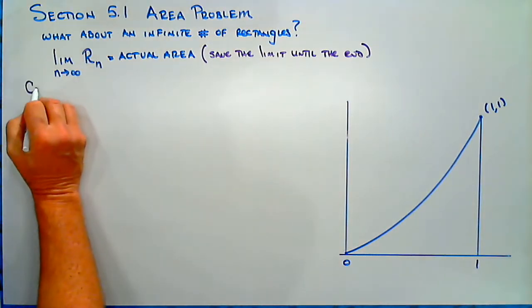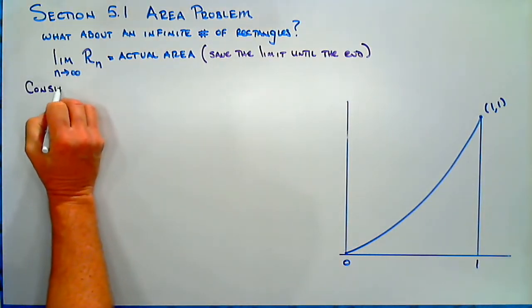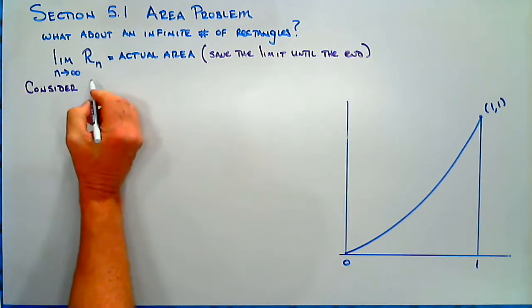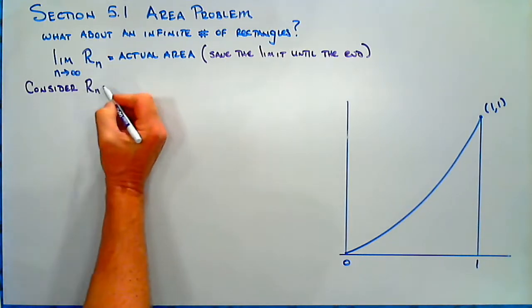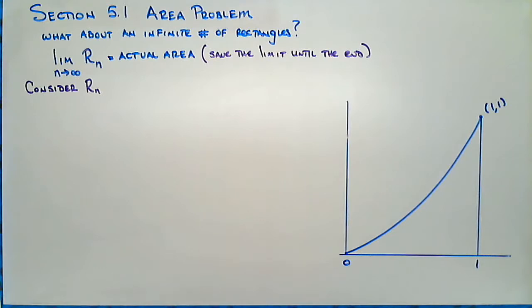So we're going to consider r sub n. And this is just a logic exercise. We're going to ask ourselves, if I'm going to consider r sub n, I need n intervals over here. N of them, right? My subintervals are going to be smaller.